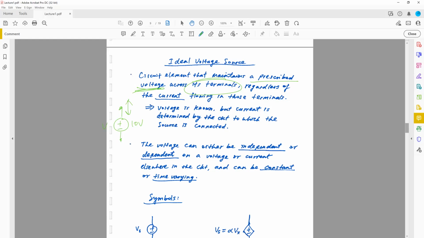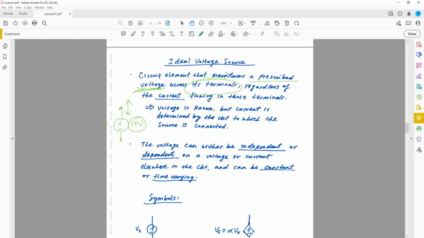This current can be either very small or very large, but regardless of how large or small that current is, the voltage is always going to be pinned at 10 volts.